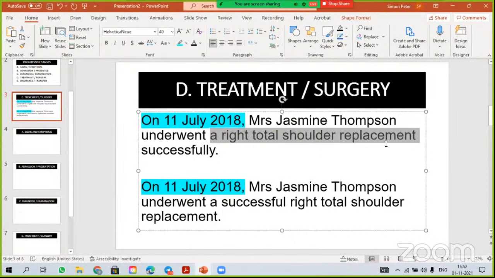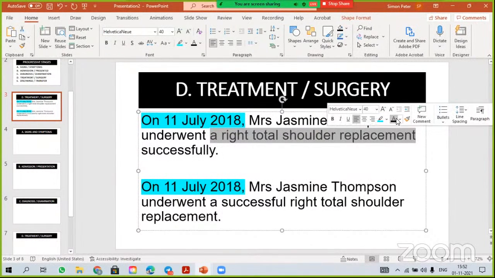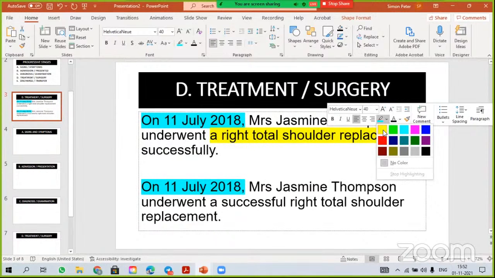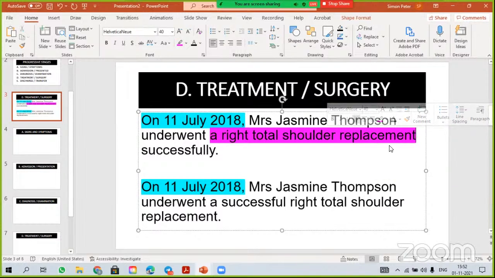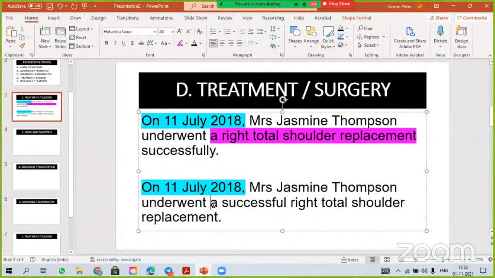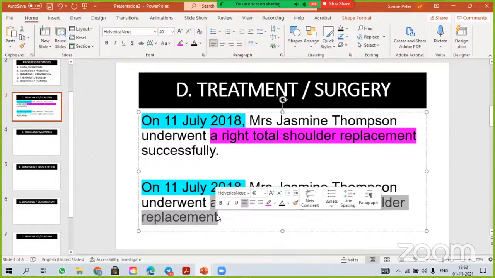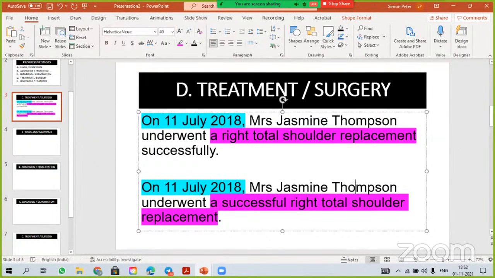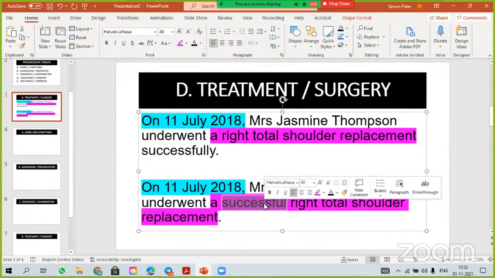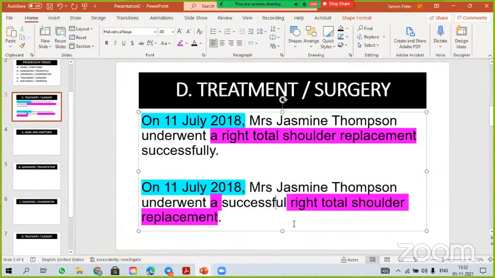A right total shoulder replacement should be like this only. Don't change that one. Never change that one. Only this one will be removed.